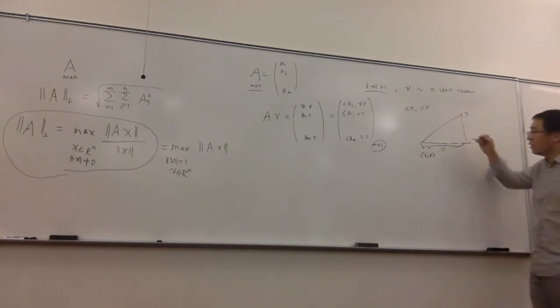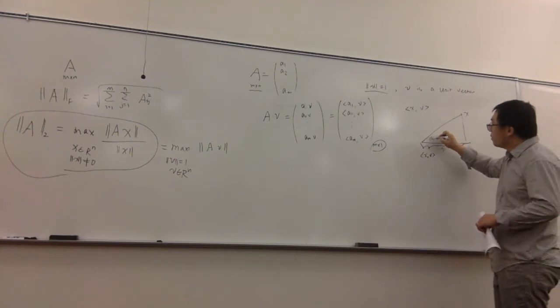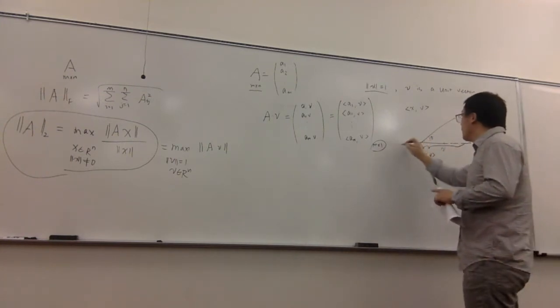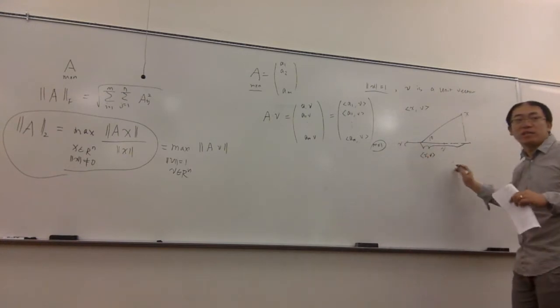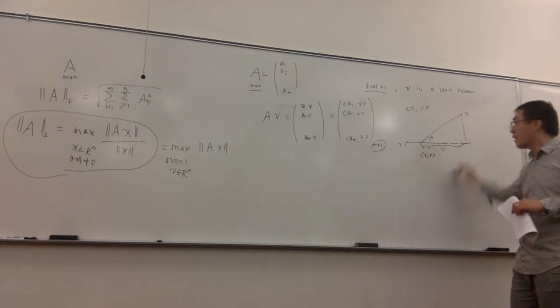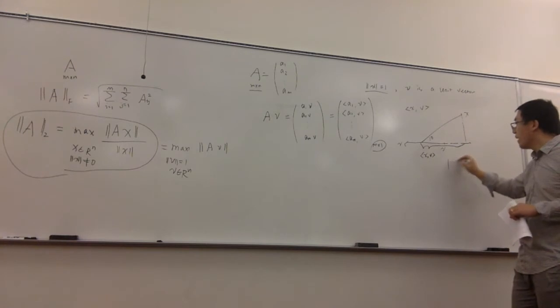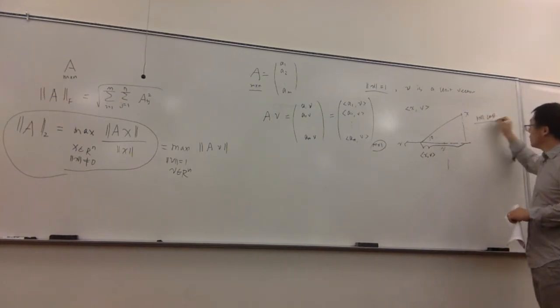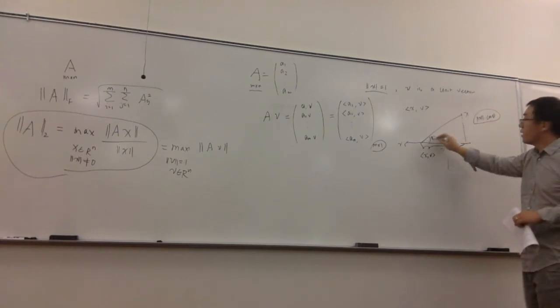So obviously, if the angle is over pi over 2, for example, v is along this direction, then the projection length is negative. You can consider it as the length of x multiplying with the cosine of the angle. Okay?